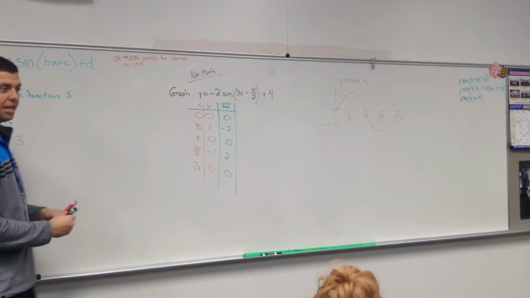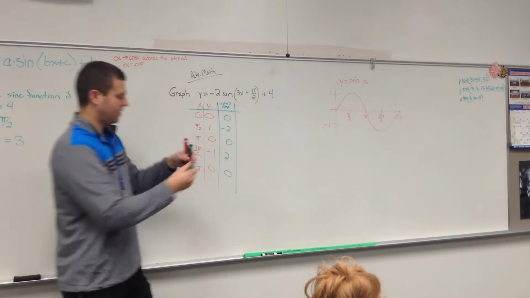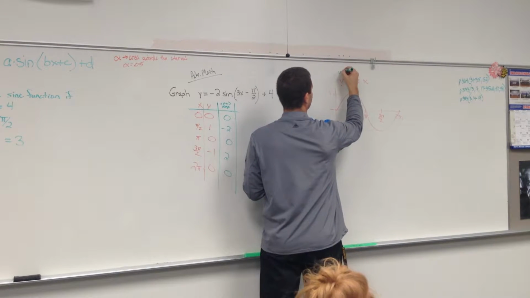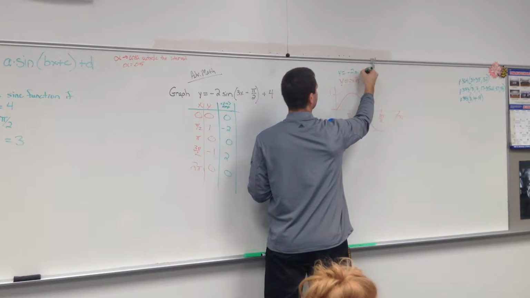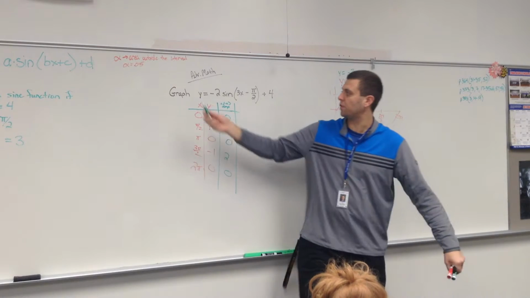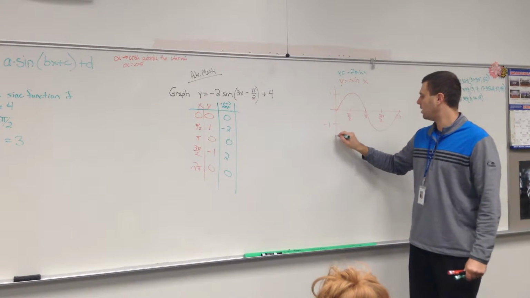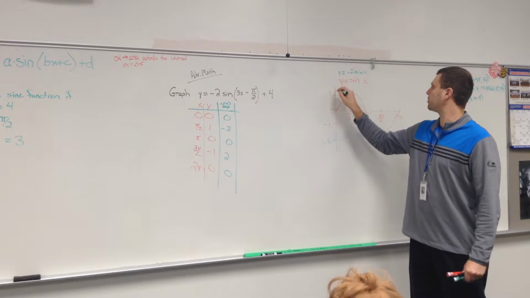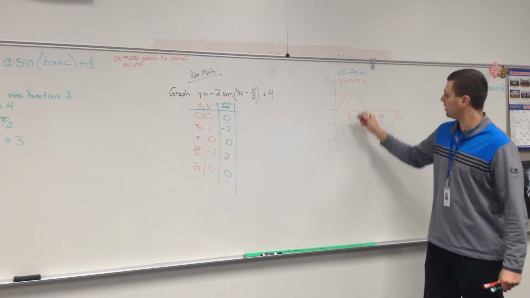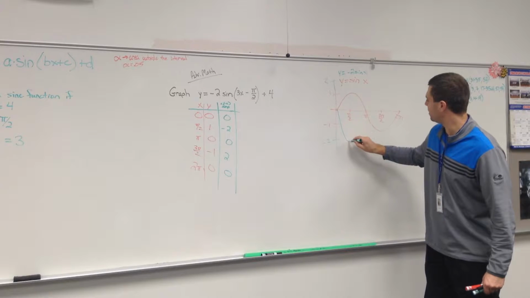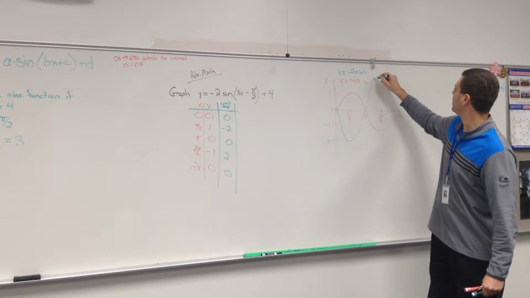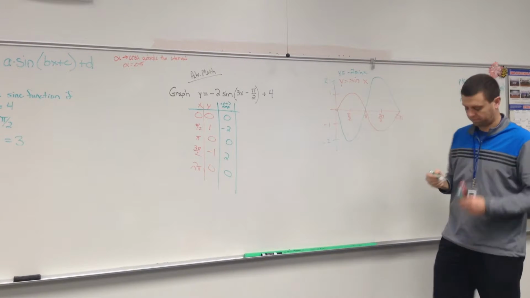Now, if all this function said was y equals -2 sine x, so if the only thing different from our parent function was this -2, then here's what your graph would look like. It would go down here, back up here, and back down here.